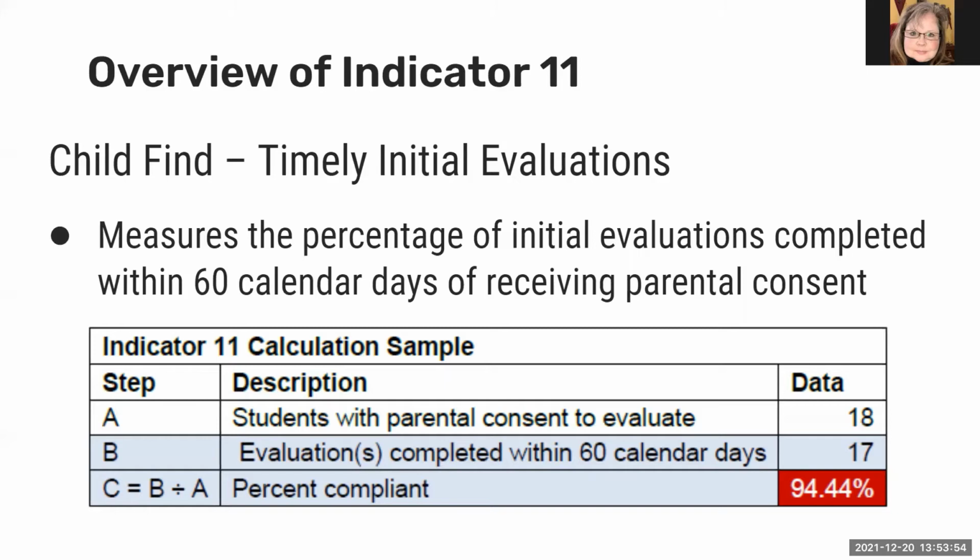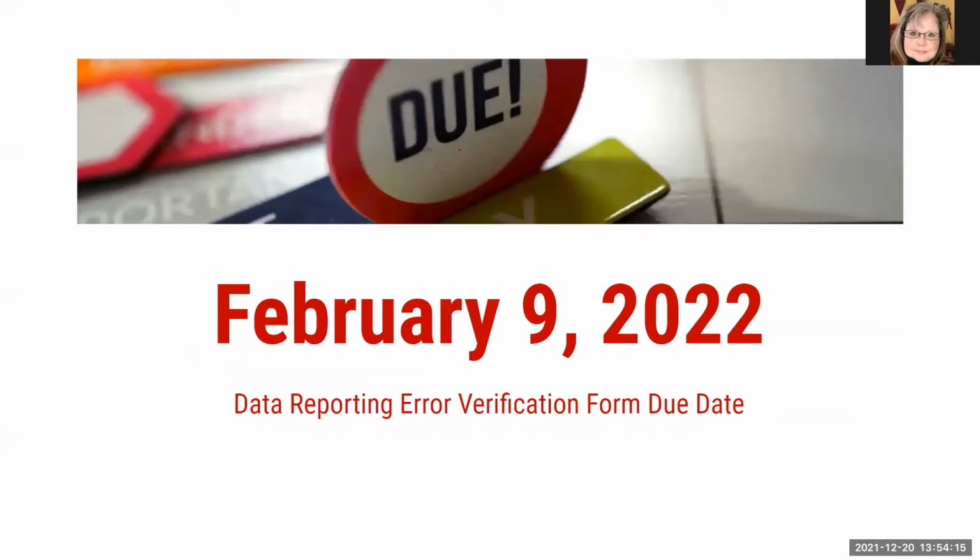It is just literally a division of how many there were total and how many of those evaluations were completed within the 60 calendar days. And so that is where you get the percent that your district was compliant. Obviously, the indicator is for there to be 100% compliance.